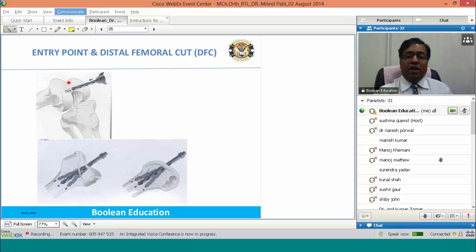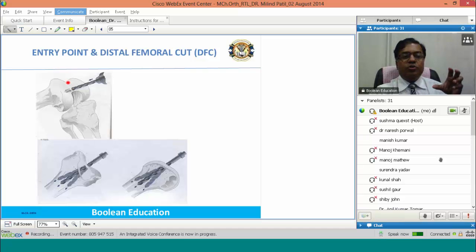Sometimes you are able to draw an epicondylar axis, that means a line joining both the epicondyles, and what is called as a white side line. That is the line from the deepest part of trochlea to the highest part of the notch, and the bisection point of these 2 lines can be your entry point. But the common mistake in this method is that the trochlea and the notch is not normal.